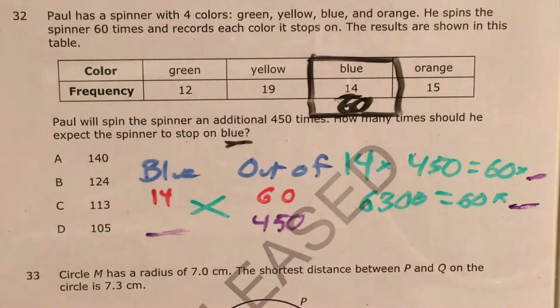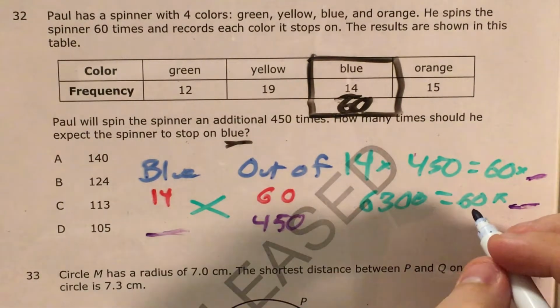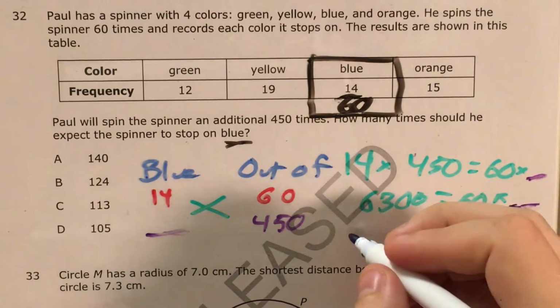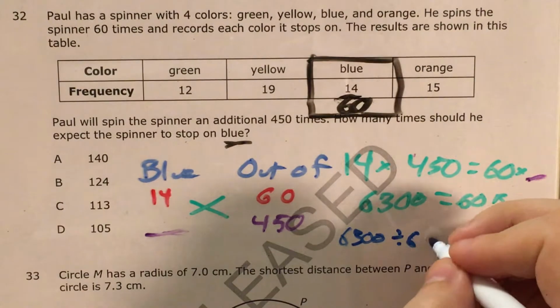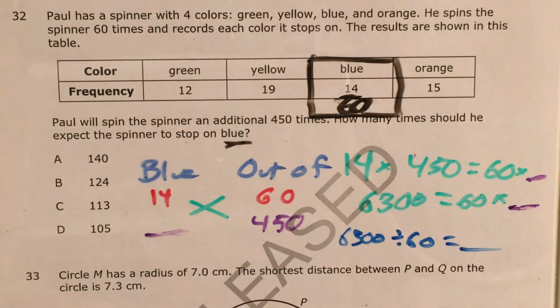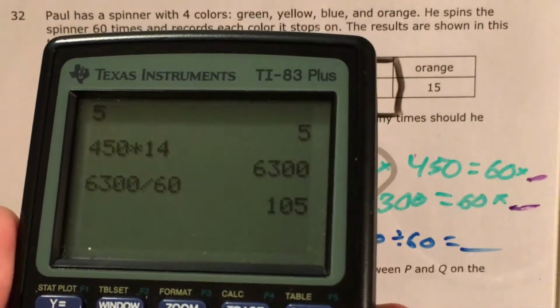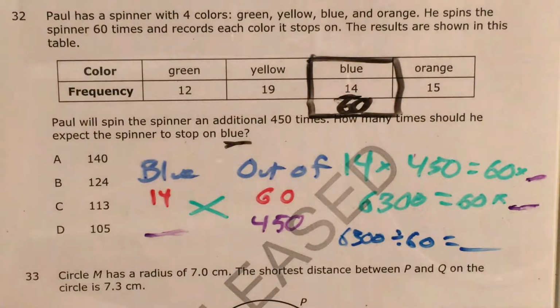At this point, whether I use equations or fact families, I should figure out that 6,300 divided by 60 is going to get us this blank that we don't know yet. And 6,300 divided by 60 actually gets us 105.